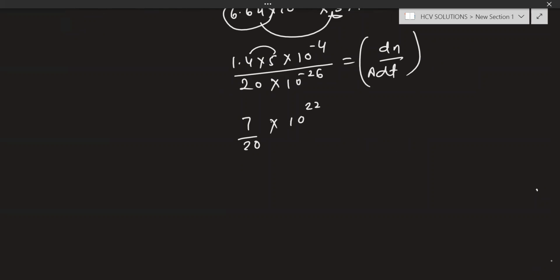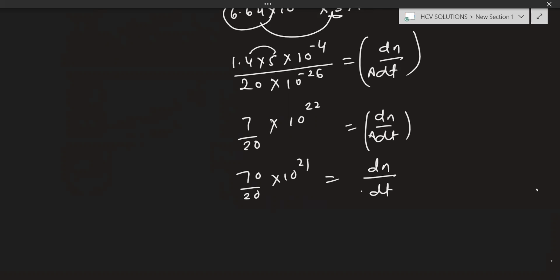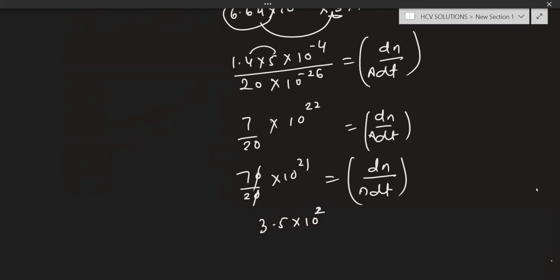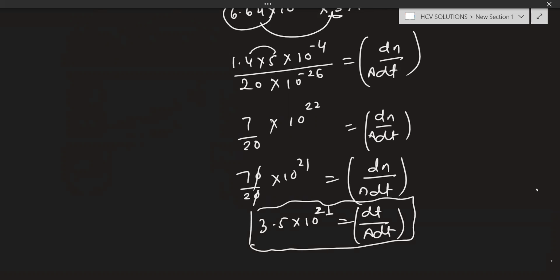That is dN/dt. Taking 70 by 20, the remaining is 10 to the power 21. So this cancels, and you will find 3.5 times 10 to the power 21. These are the number of photons falling per unit time per unit area of the Earth.